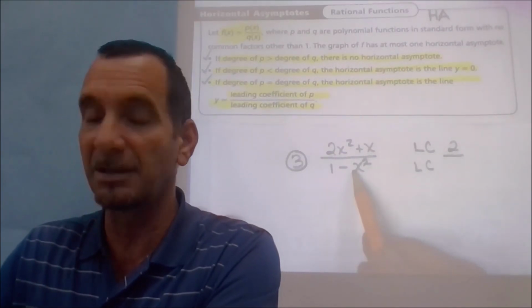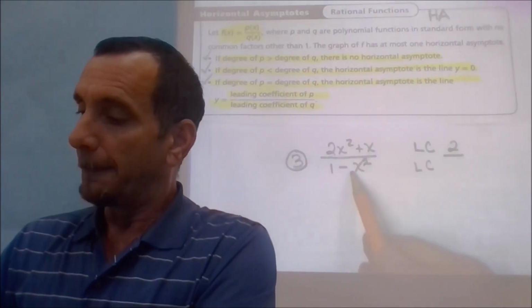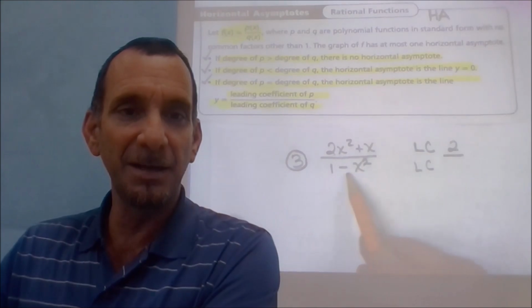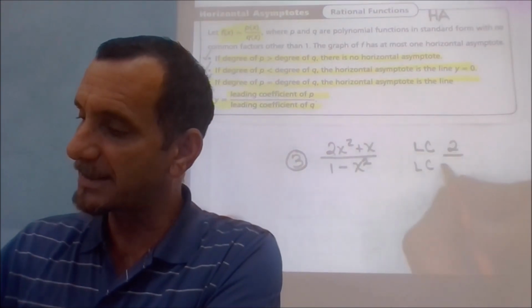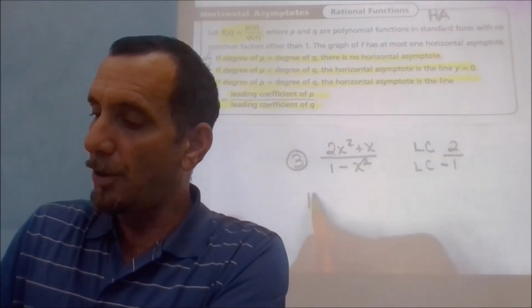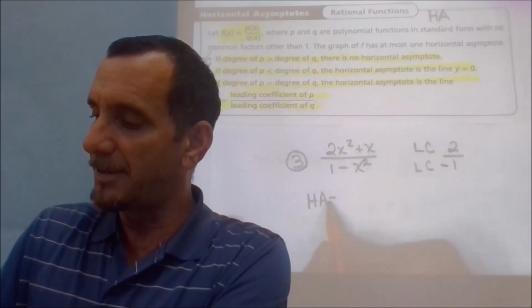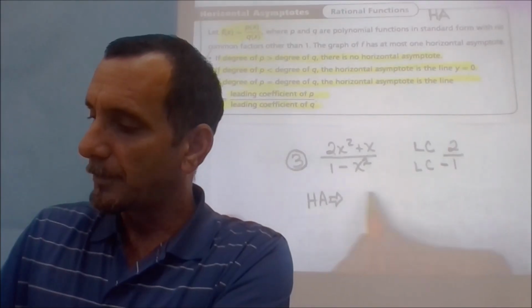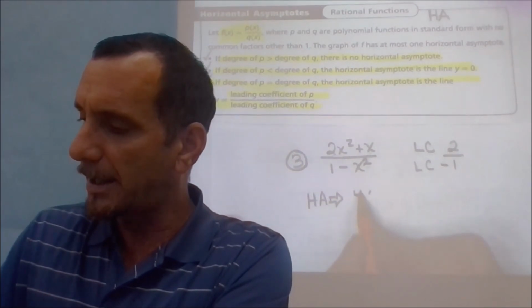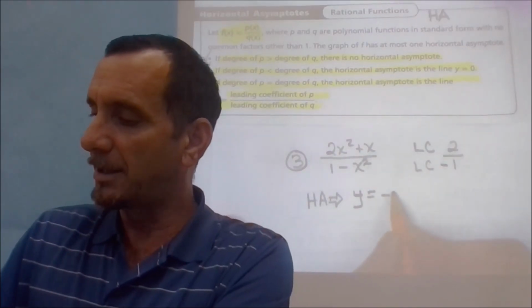It's the leading coefficient. It is a negative 1 because there's a negative x squared there. So that's a negative 1. So the horizontal asymptote in this situation is negative 2, or y equals negative 2.